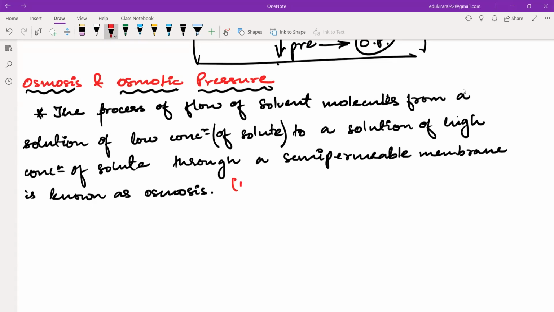The definition of osmosis has been asked in the board examinations in 2011, 13, and 15 also. So please write this down.